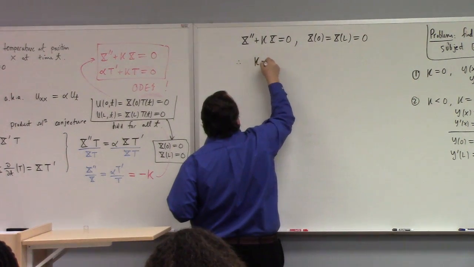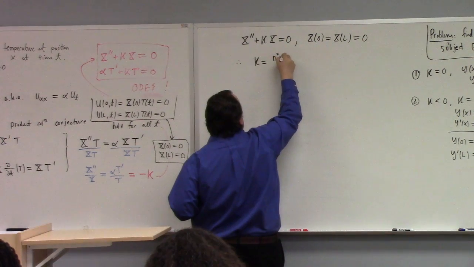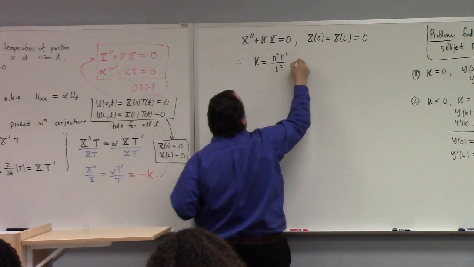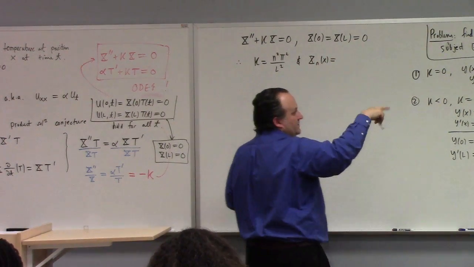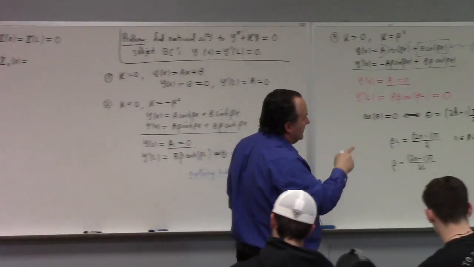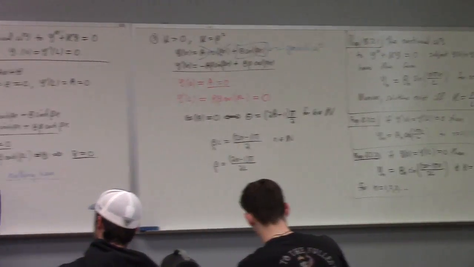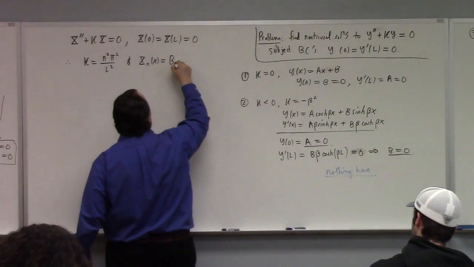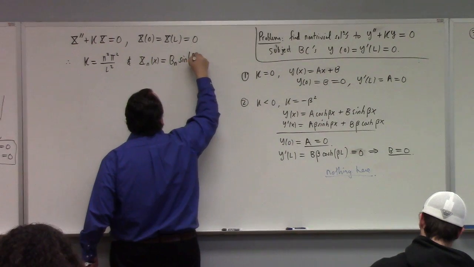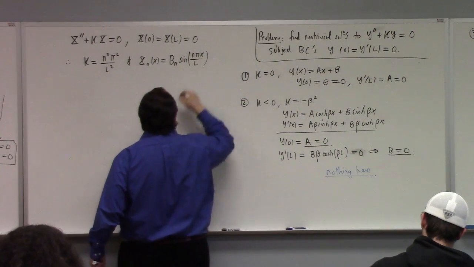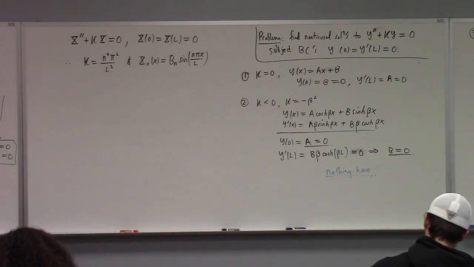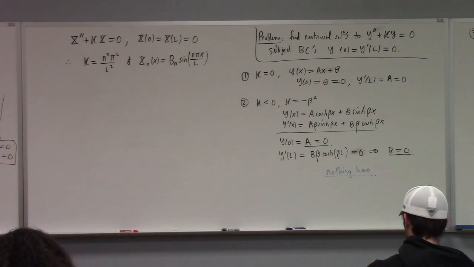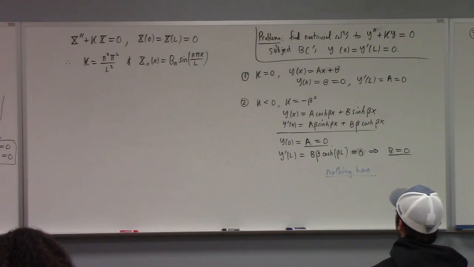Therefore, k must be equal to n squared pi squared over L squared. And we have X_n of x is equal to, I've forgotten already, b_n sine of n pi x over L. So we already found the spatial solutions. And not just one solution, infinitely many.